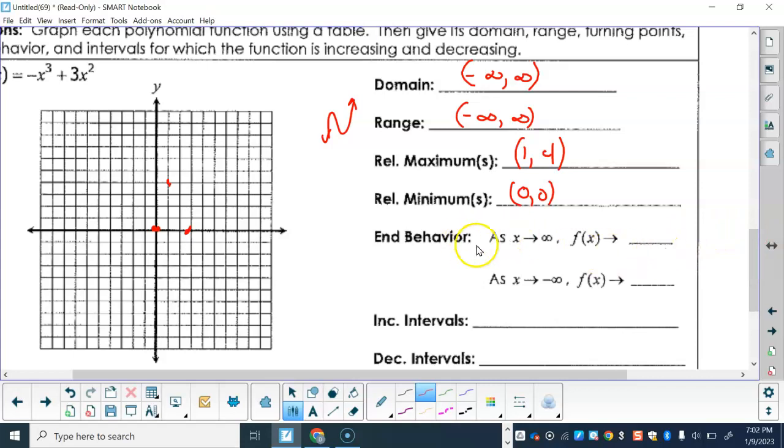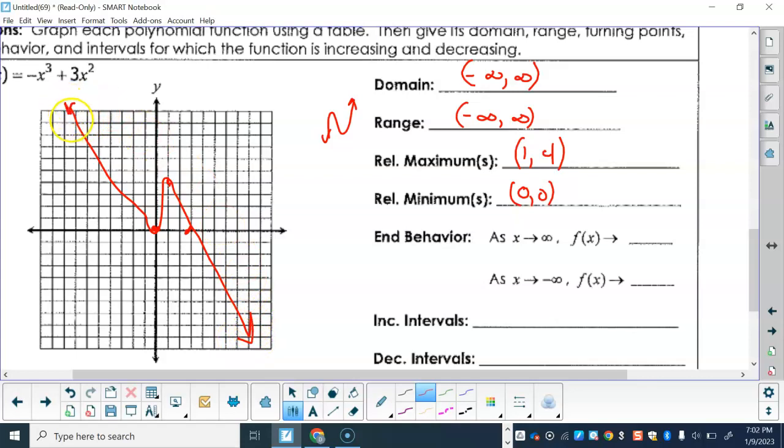Okay, so end behavior, we talked about this. We have a leading coefficient that is negative. So that means this side is going to be going down, and it is odd, which means that this side is going out to infinity. So my sketch is going to come down and hit my turn, and then cross through and go down and out.